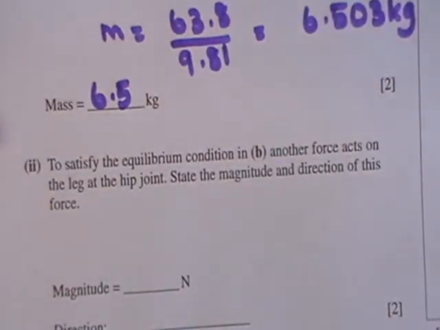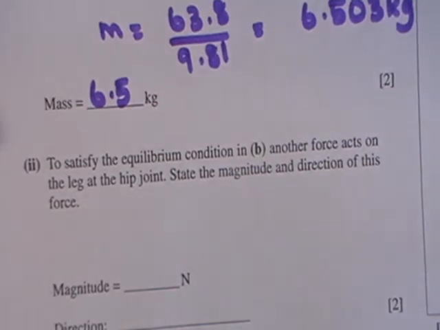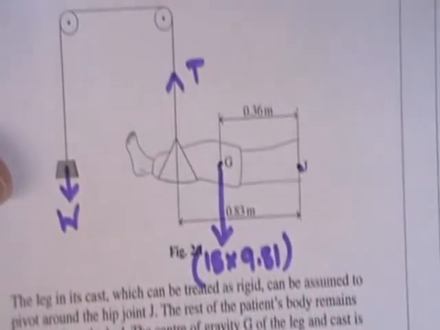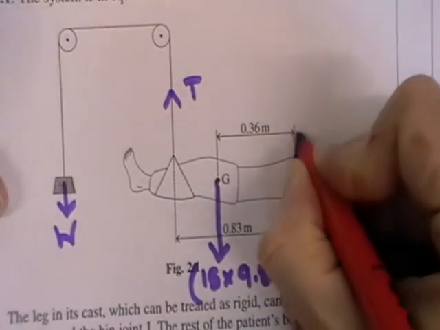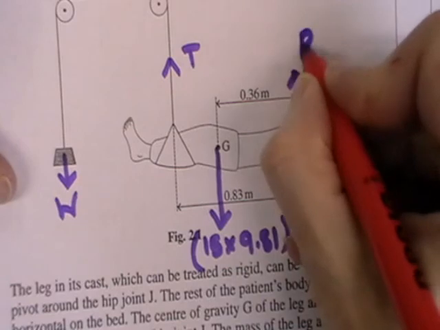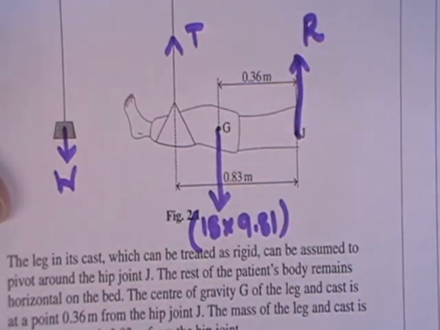To satisfy the equilibrium condition in B, so that's an equilibrium condition that all the forces are equal. Another force acts on the leg at the hip joint. State the magnitude and direction of this force. So if I just draw that in, that upward force, and we'll call it reaction force, that tension and reaction force must be equal to the 15 by 9.81.